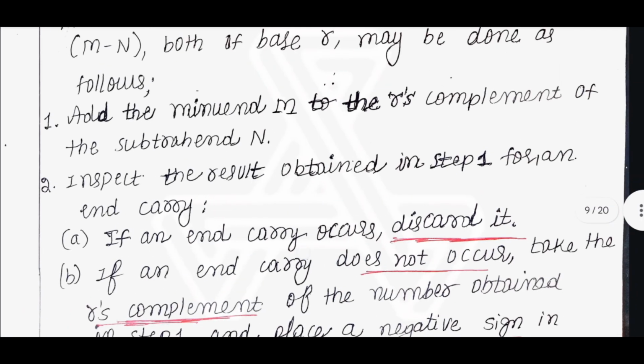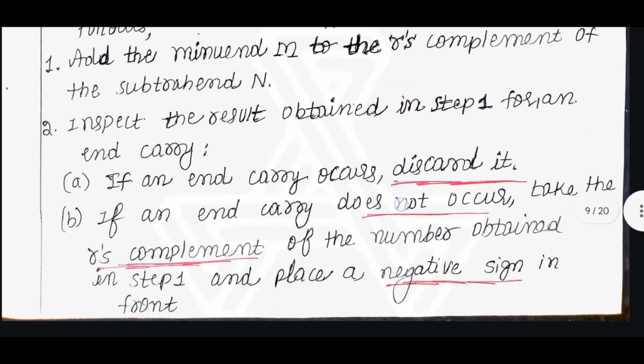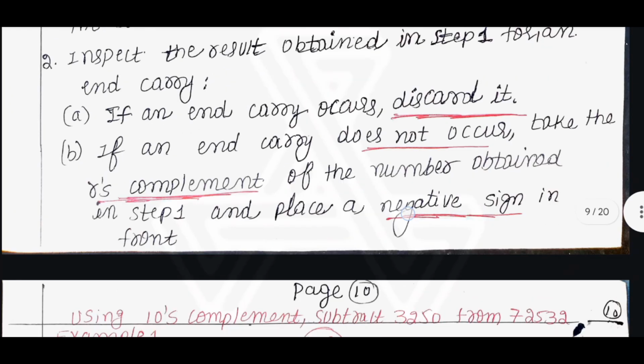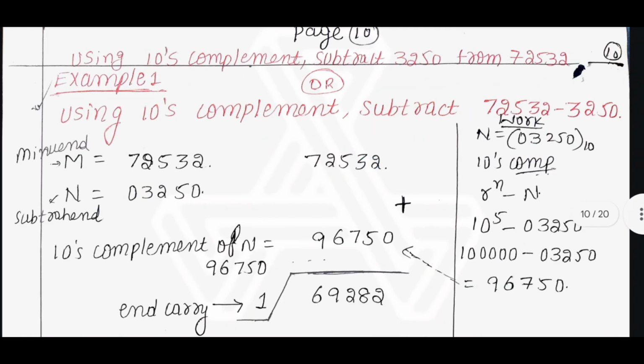Add the minuend to the r's complement of the subtrahend. Then m is the minuend, whatever they gave first is the minuend: 72532.